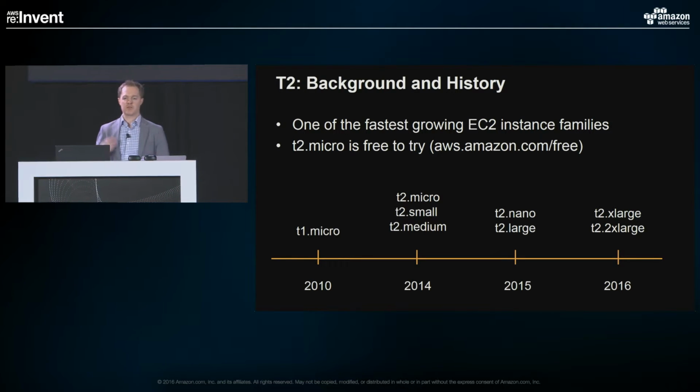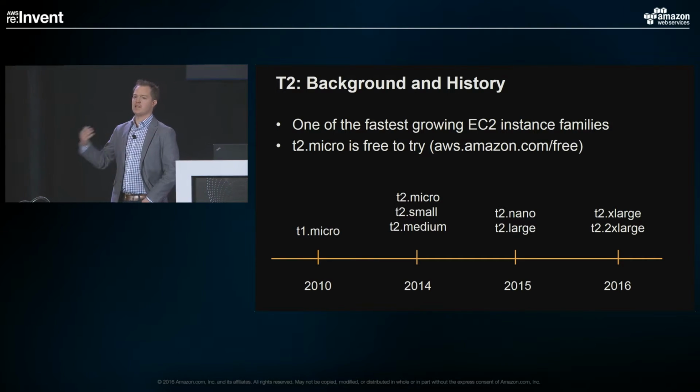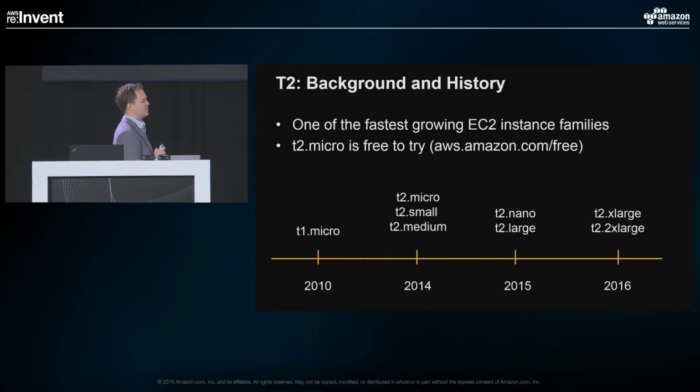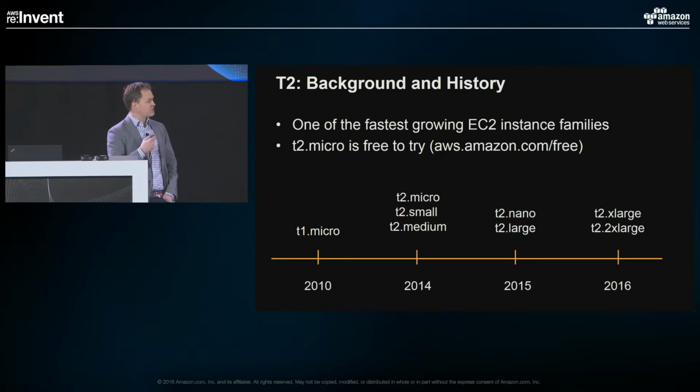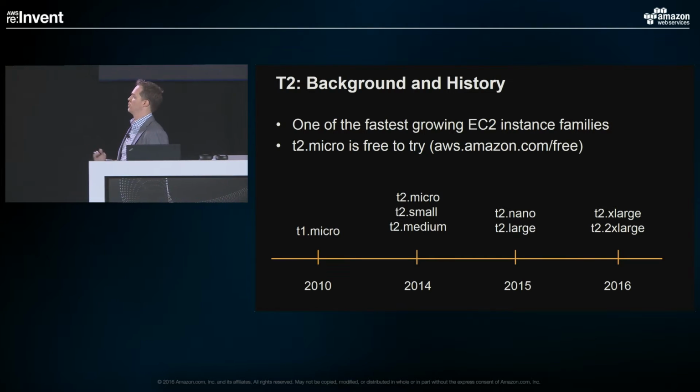And they were using these for the cost savings they offered for the applications which didn't need to use the CPU all that heavily. And we were getting a lot of asks for expanding that up to even larger sizes for workloads which needed that additional memory, the 16 gigabytes and 32 gigabytes of RAM that these offer. And so this is something that we're going to continue to look at, expanding this line of burstable instances to address more and more scenarios going forward.